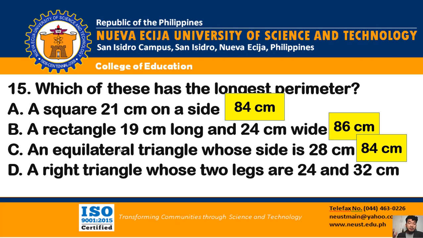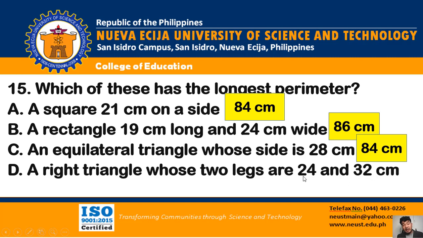Actually, this type of problem requires you to just use your common sense. Suppose that the measurement of the hypotenuse, which is the longest side of the triangle, is 33, which is greater than 32.